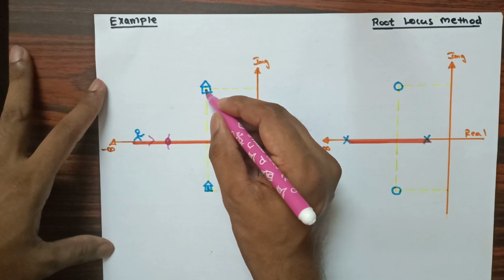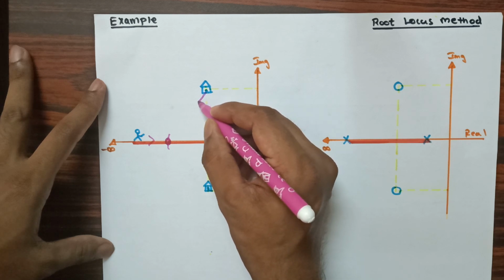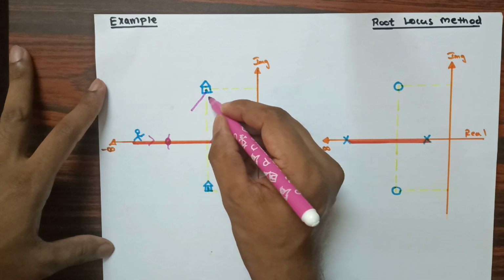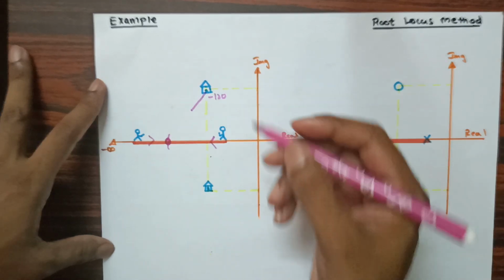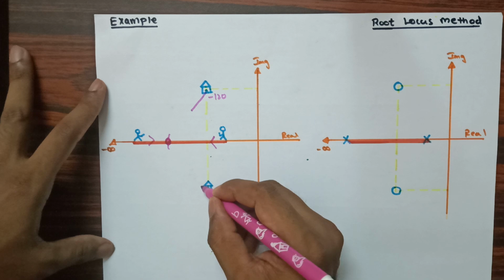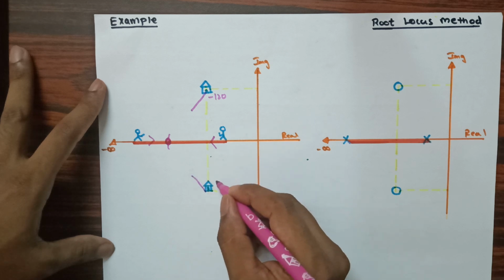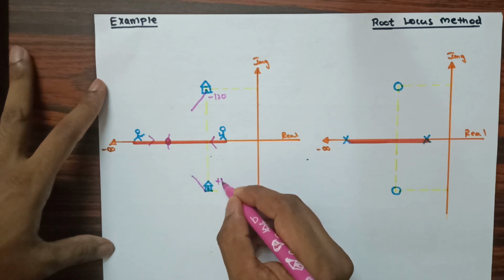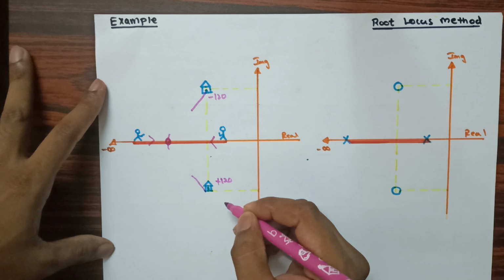Now in this I will be taking an example of minus 120 angle of arrival and plus 120 angle of arrival.